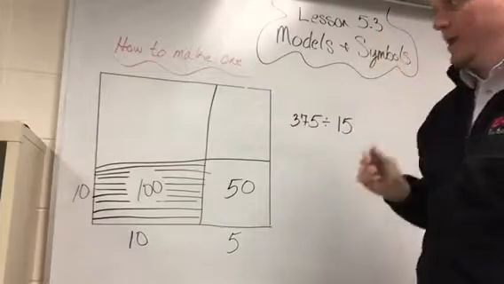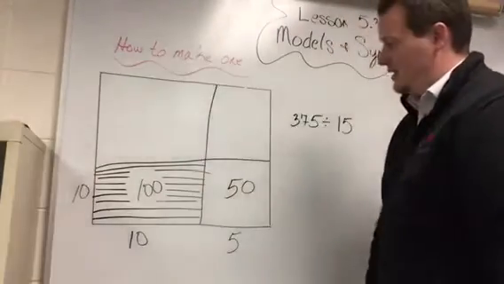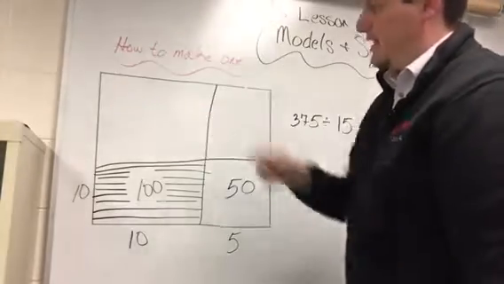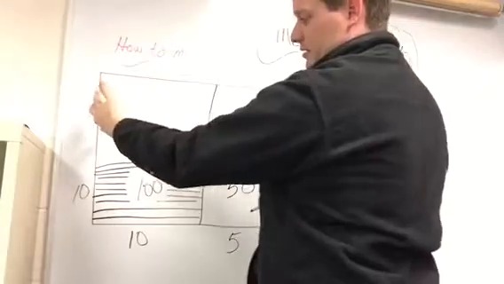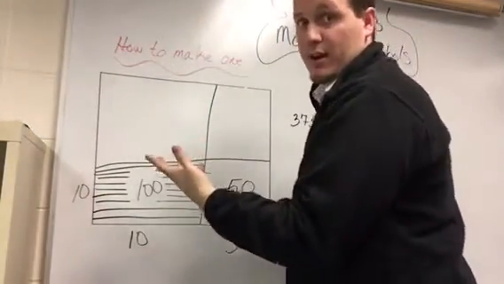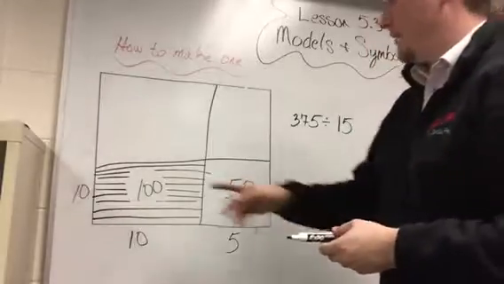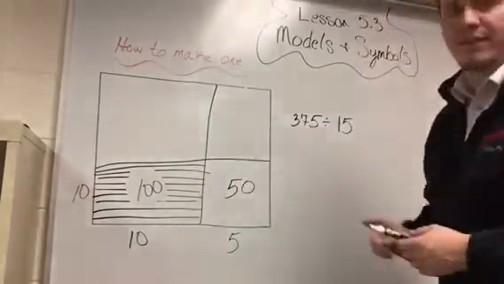So right now, the way we would count this is 100 plus 50 plus 5 plus 10. And the reason these are 5 and 10 is because they're up here. The section on the end has to be something, we just don't know what it is yet. We're going to be adding to it because obviously 150 plus 15 is not going to get us to 375.